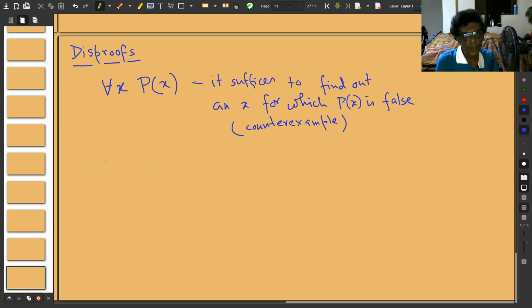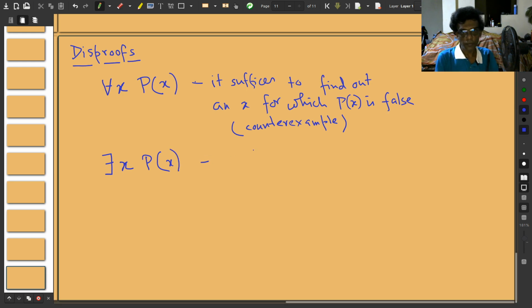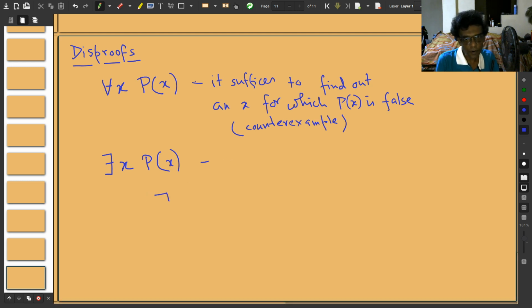Okay. On the other hand, if I want to disprove a statement like this, I now need a general proof. Okay, this is false. This means, what is its negation?